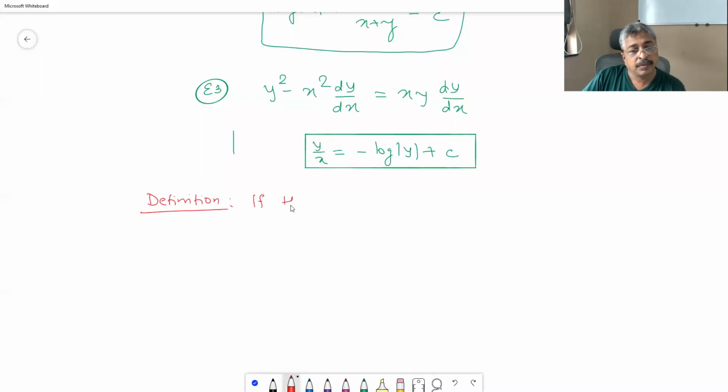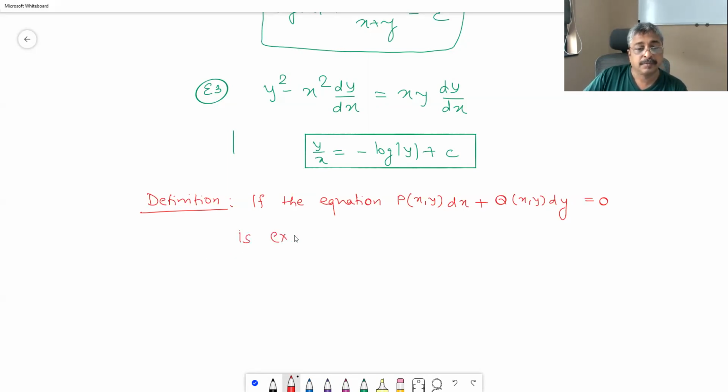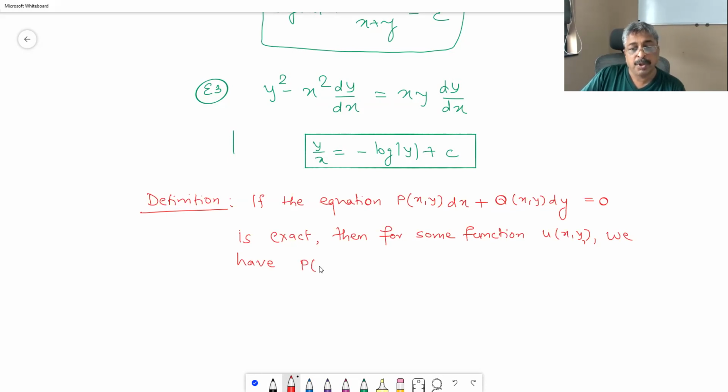If the equation P(x,y) dx plus Q(x,y) dy is equal to 0 is exact, then for some function u of x comma y, we have du equals P(x,y) dx plus Q(x,y) dy is equal to 0.